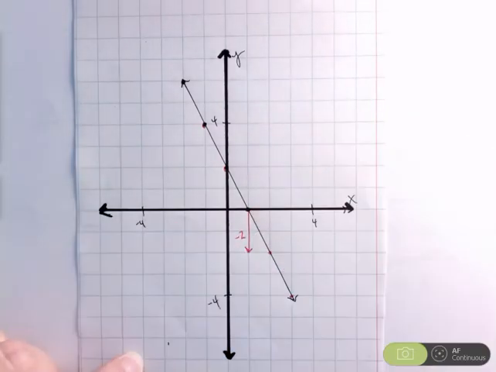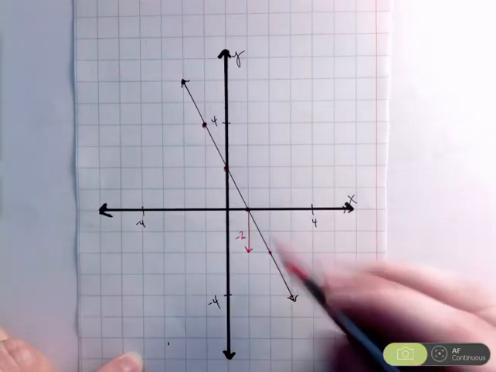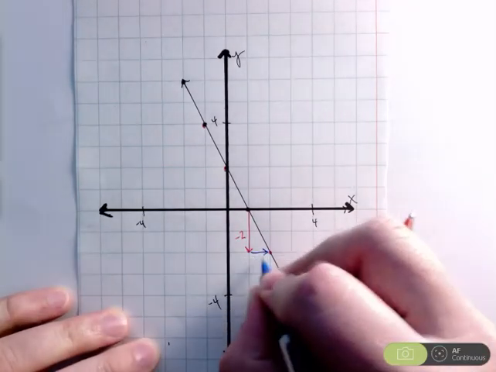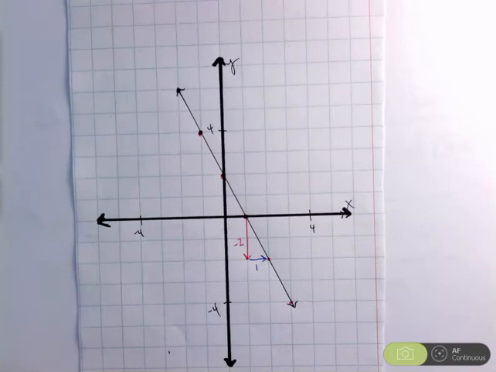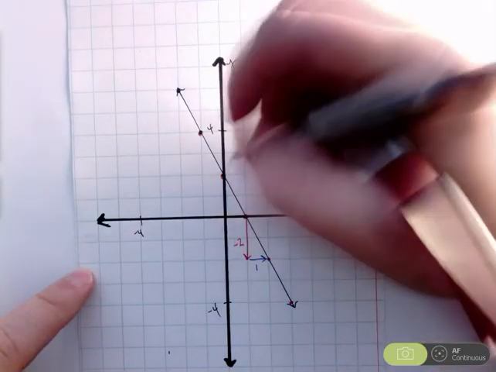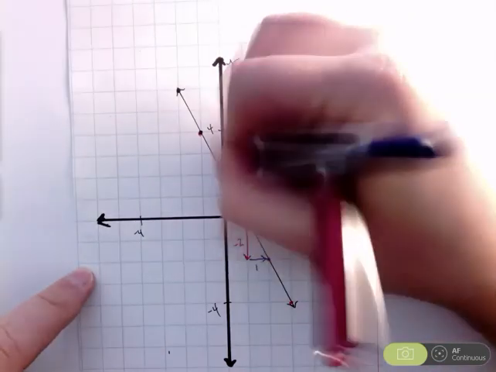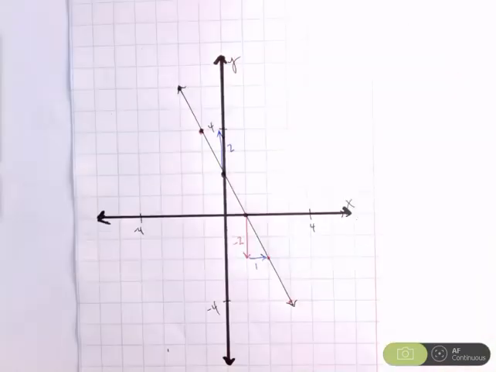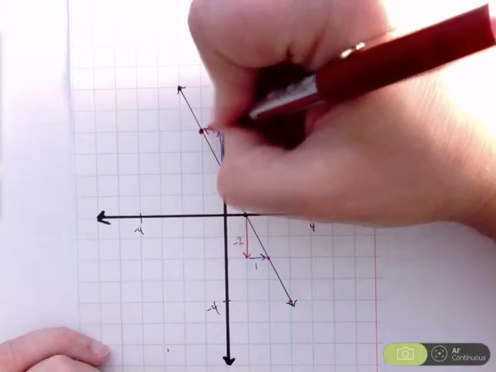Now, my vertical change goes down. My change between these 2 points is -2. Going this way, it's +1. If I were to go the other direction, I could say maybe from this point to this point, it goes +2 and to the left is -1.